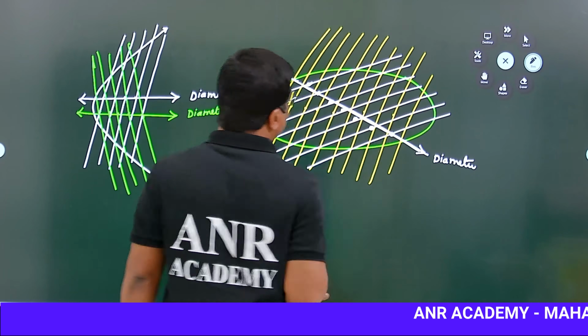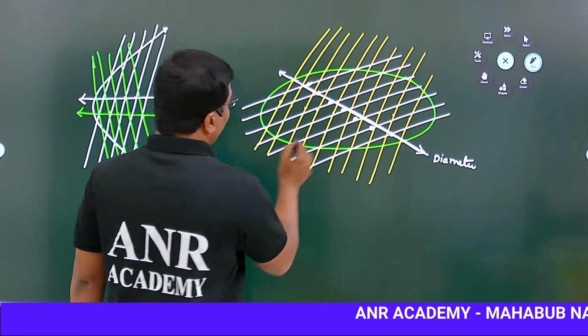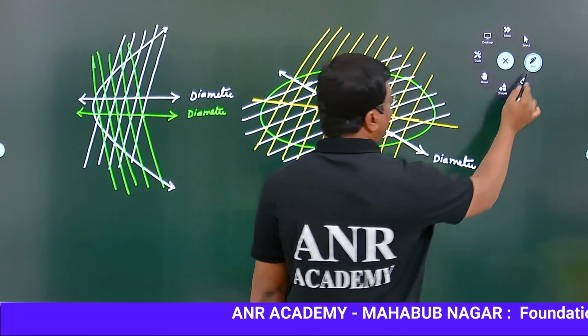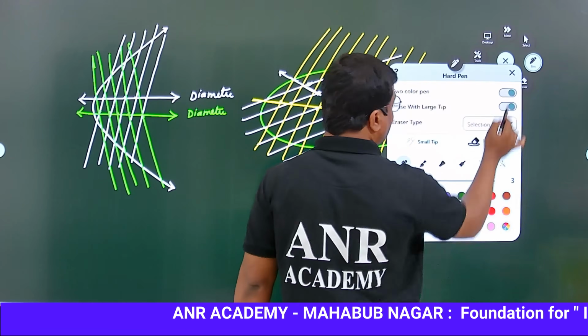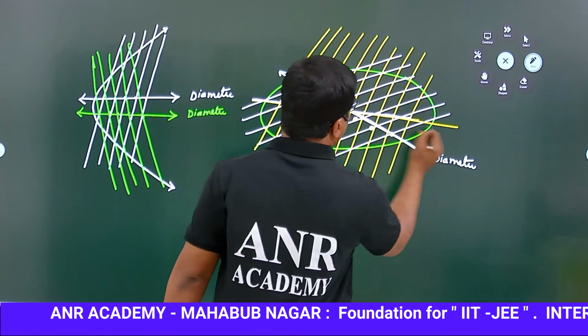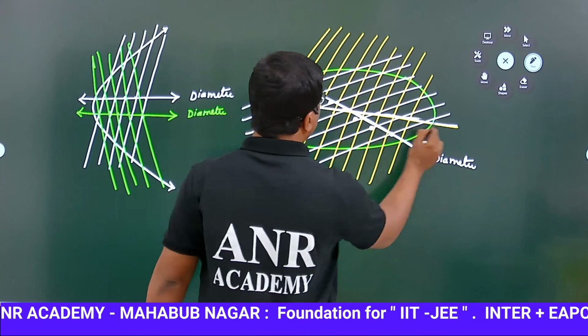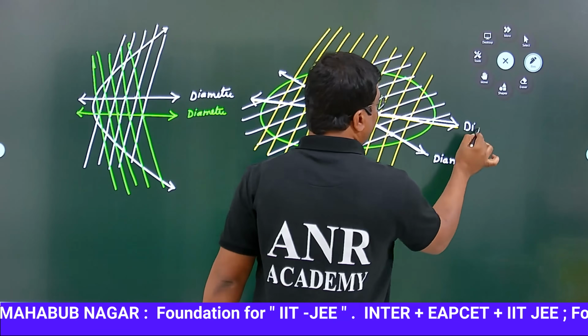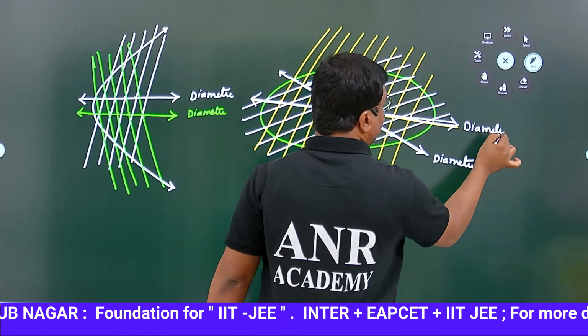In such a way there exist so many points, and joining all these points we get another line, that is also called a diameter. The path of middle points of the next parallel family is also called a diameter, right?